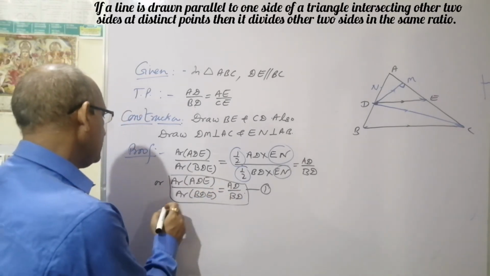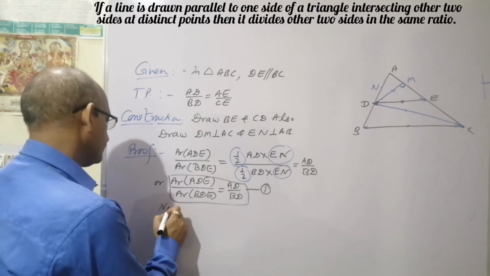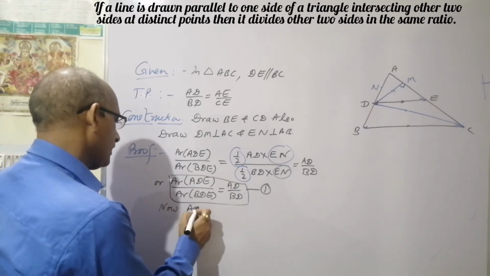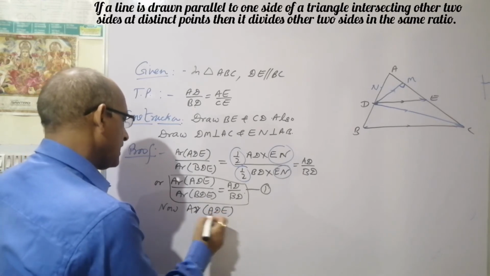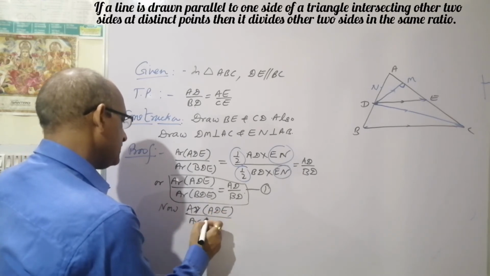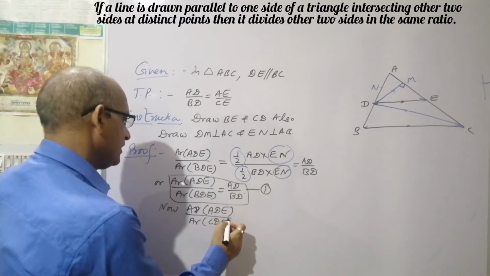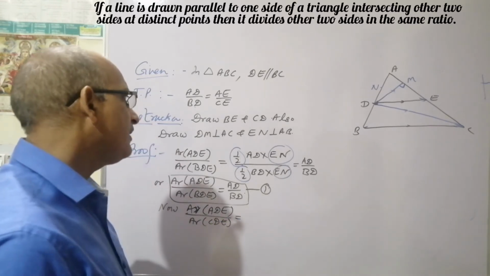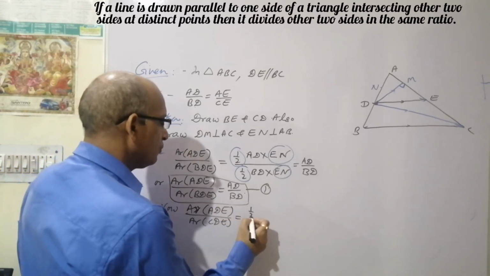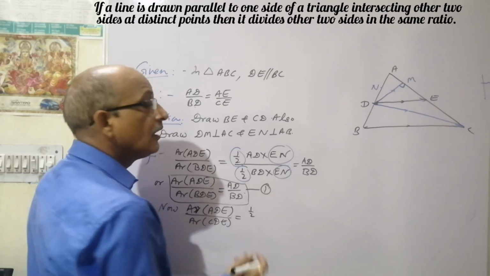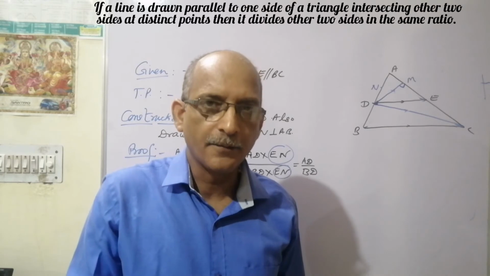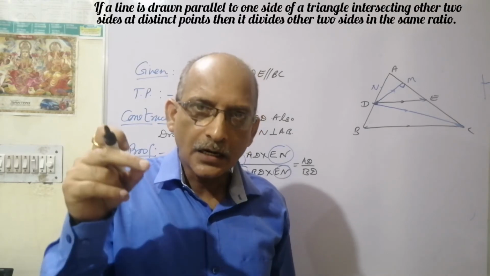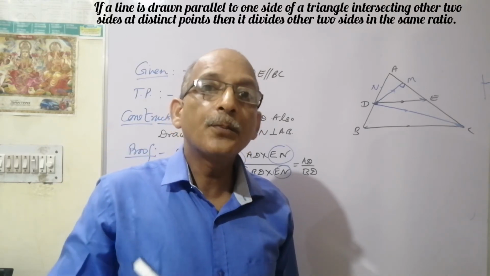So we'll write here again area ADE upon area CDE. That will be equal to what? Again we'll take half into base. What is the base there? Actually the base is the side of the triangle on which the perpendicular is drawn, either on that side or on the produced side.